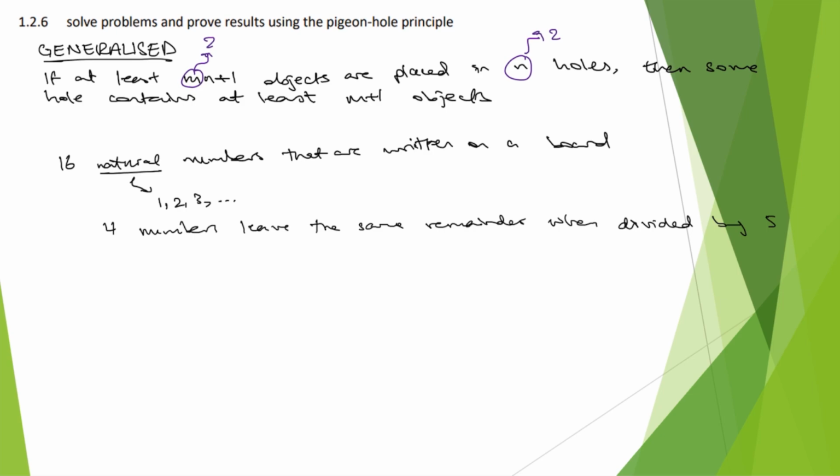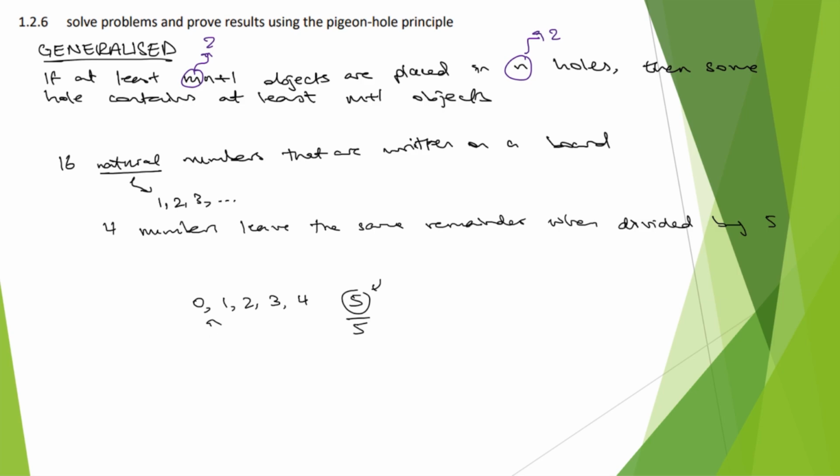More specifically, we can figure out the number of pigeonholes by figuring out the number of remainders that we can have when we divide by 5. When we divide by 5, we can have a remainder of 0, 1, 2, 3, or 4. We can't have a remainder of 5, because if we have a remainder of 5, you can simply just divide that by 5 to get back to 0.